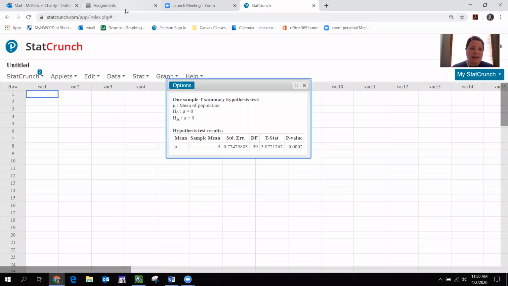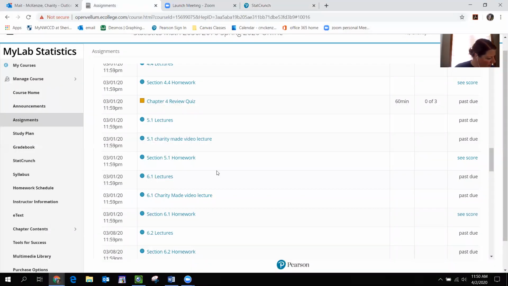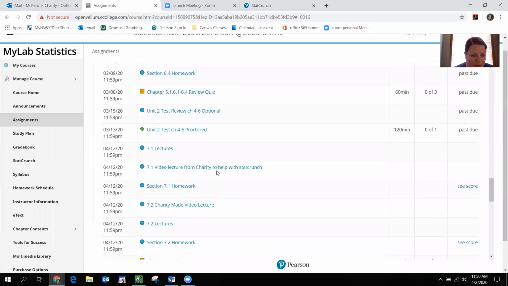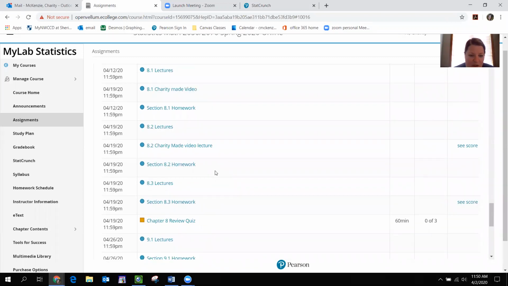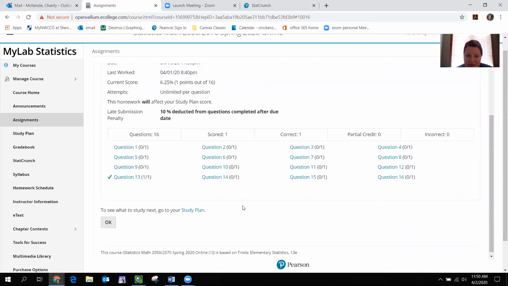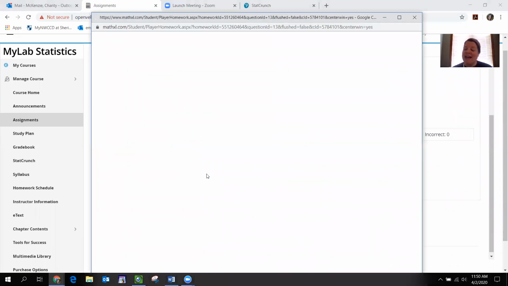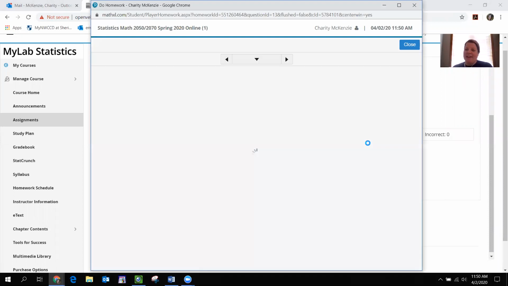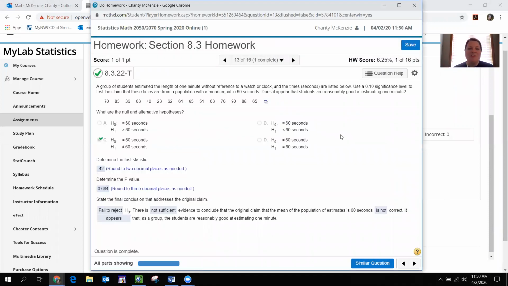For this one, I'm going to go into your homework for 8.3, and I'm going to show you one from your homework, question 13, because I want you to see how to do one from data. So here's one. This one talks about a group of people estimating the length of 1 minute. So you guess what 1 minute is, and this is everybody's guess in seconds.